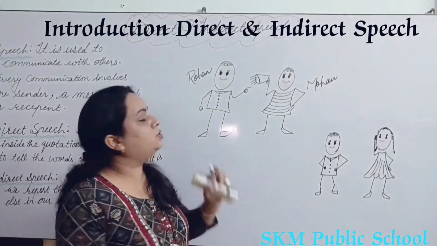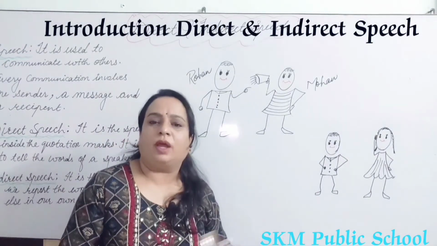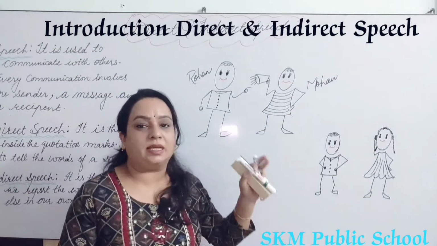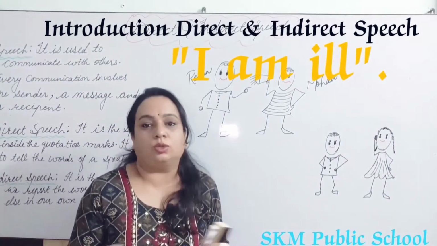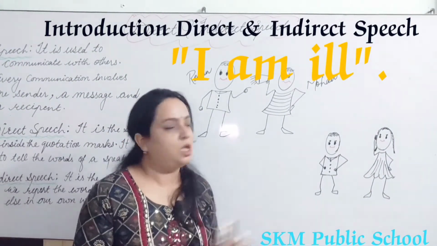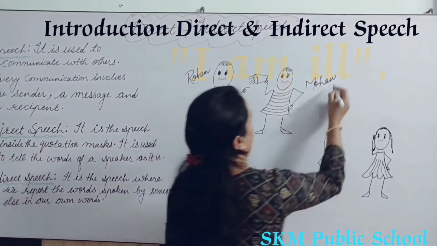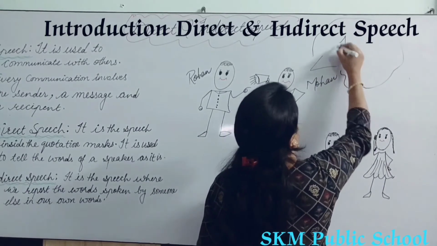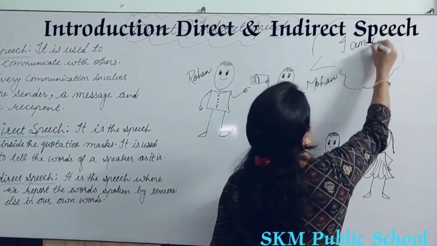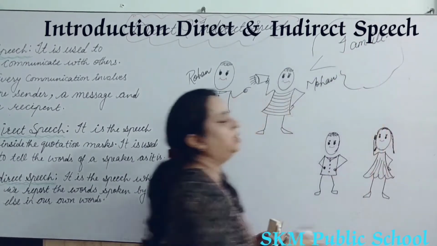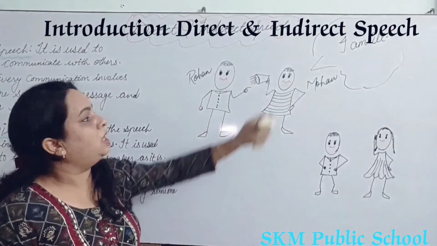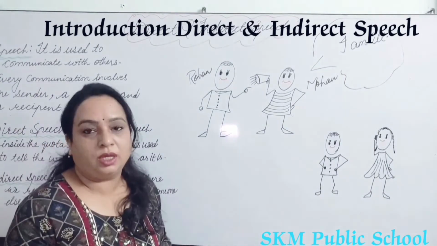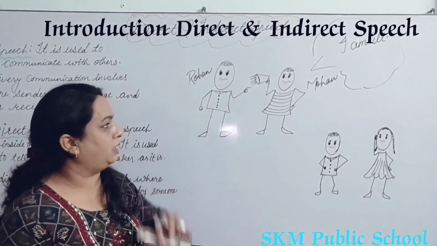So Mohan said to him, I am ill, so therefore I am not coming to school. So the dialogue of Mohan here is, I am ill. Rohan said, okay, take care, and have medicine regularly.